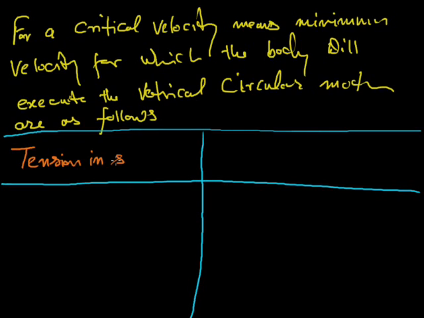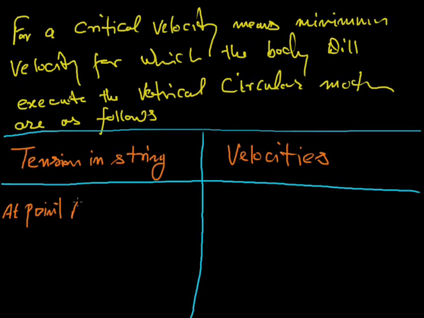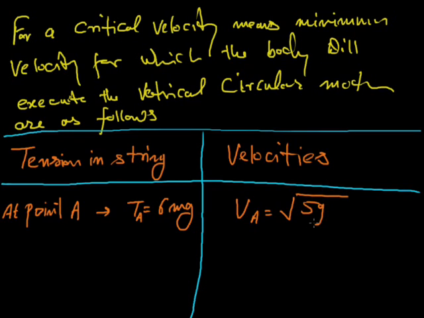Tension in string: at A, the lowest point, tension is 6 mg and velocity VA is equal to root 5gr.